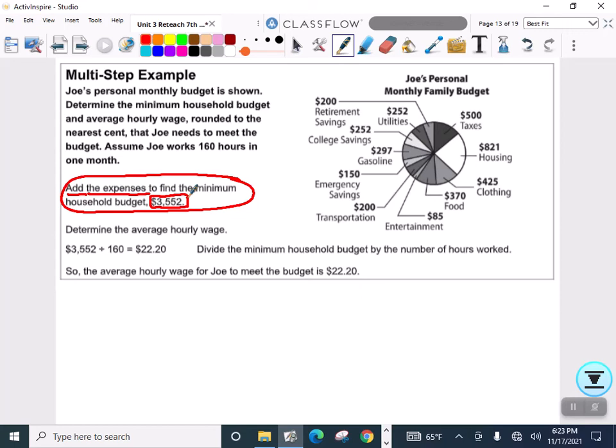Now, if you need to find out how much the average hourly wage needs to be, you take the minimum budget, divide that by the number of hours to be worked, and this will tell you the average hourly wage that it will take to be able to cover that budget. Okay, and so we have an explanation right there.